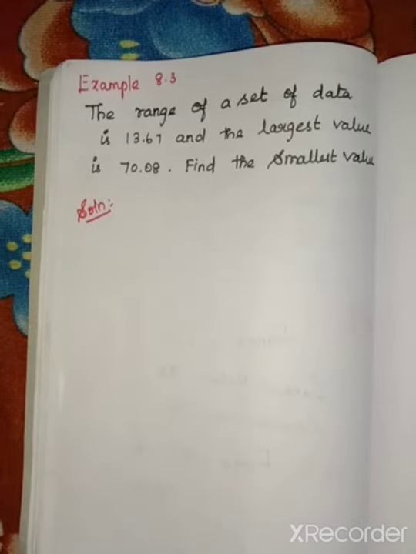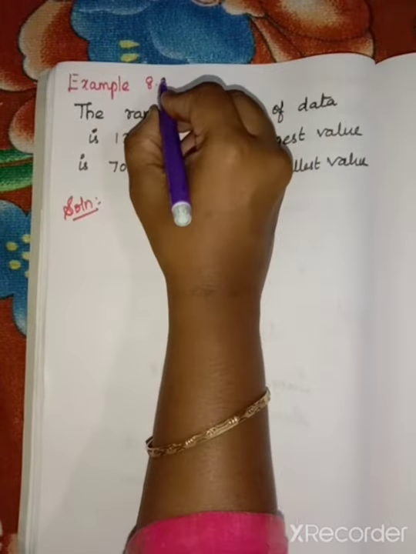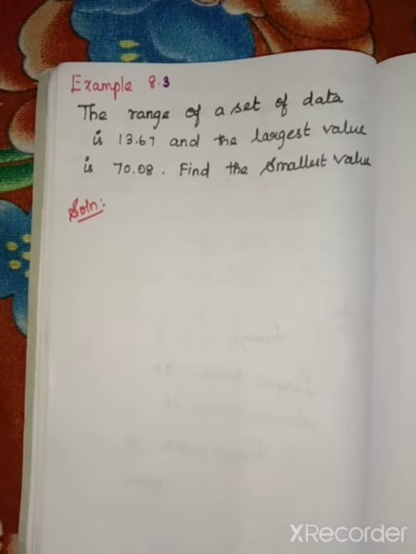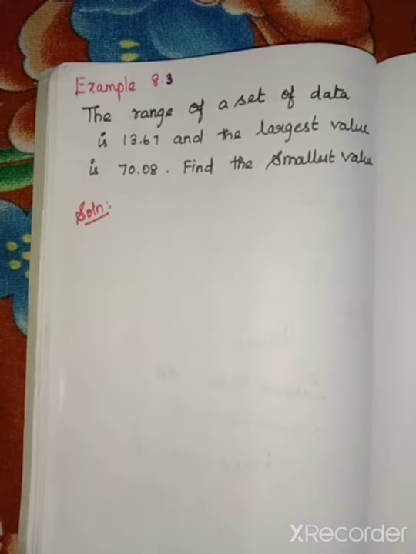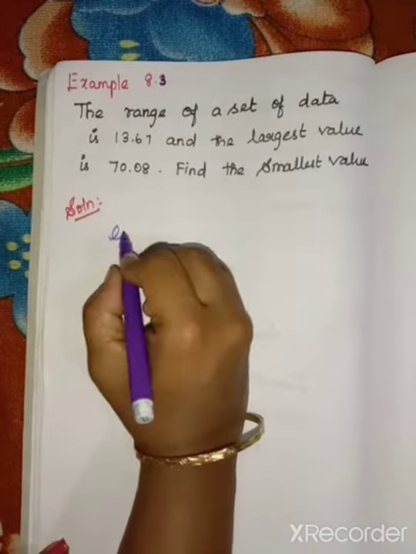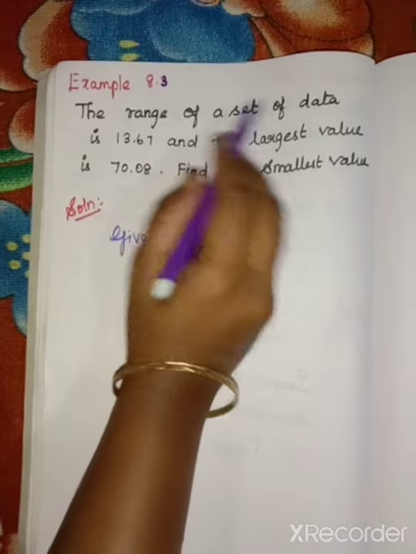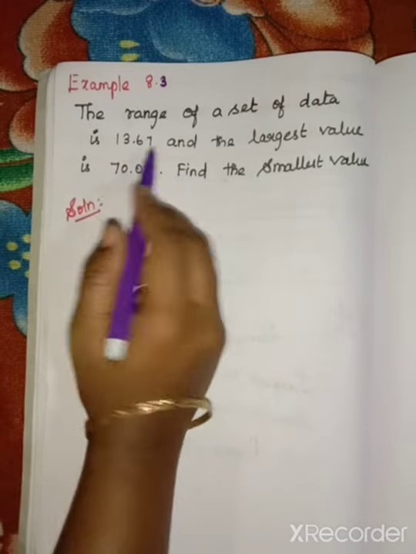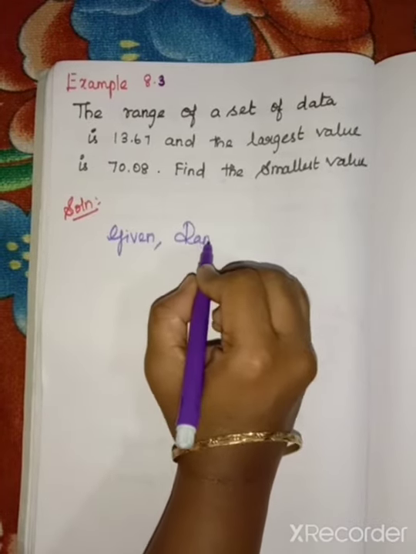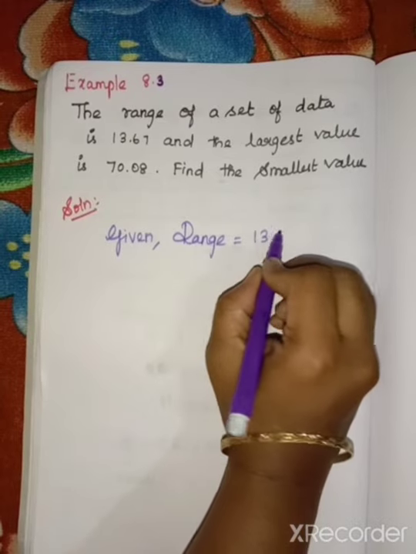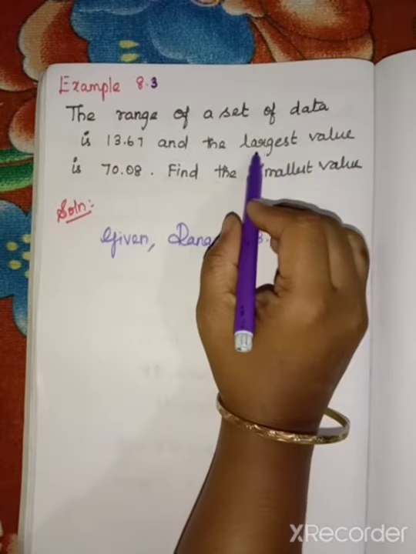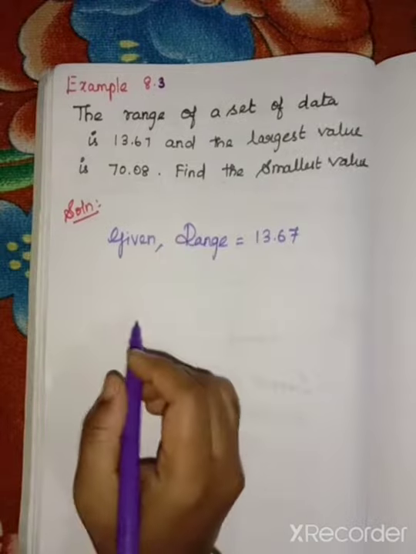Example 8.3, the range of a set of data is 13.67 and the largest value is 70.08. Find the smallest value. First of all, we write the given: the range of the data is 13.67, so range equals 13.67.